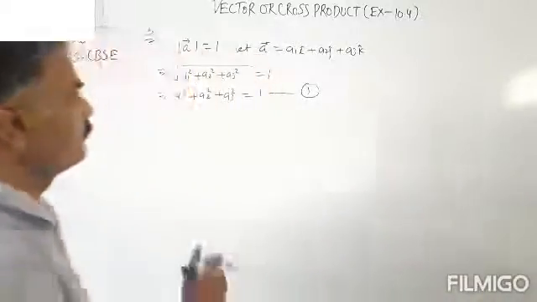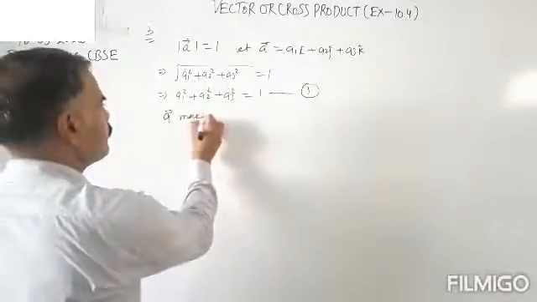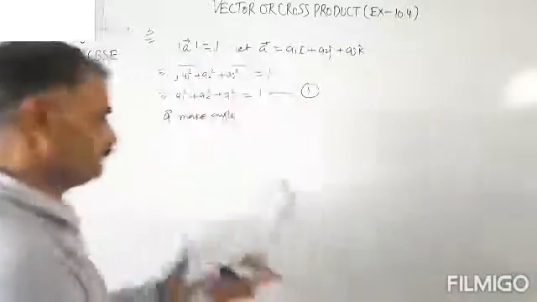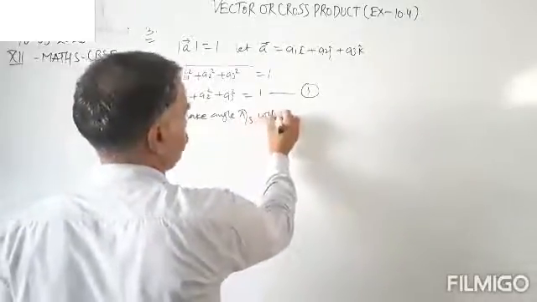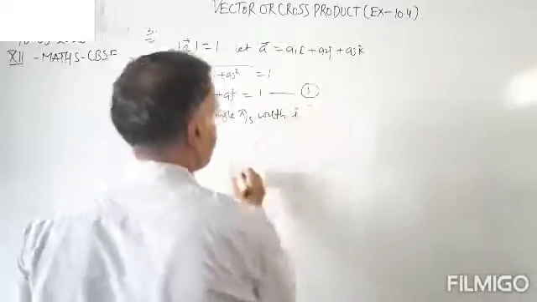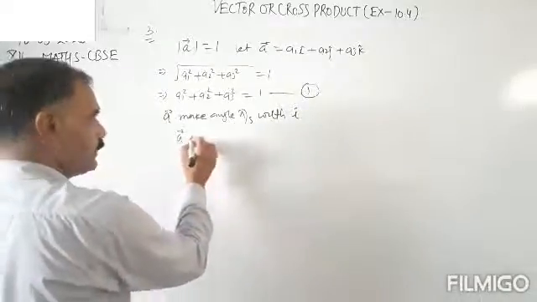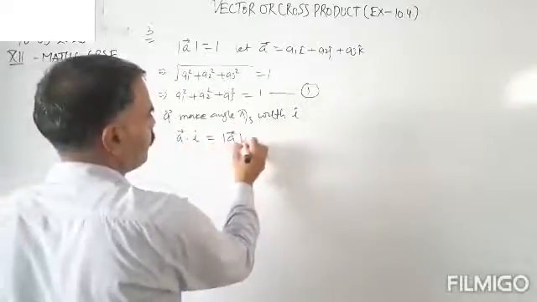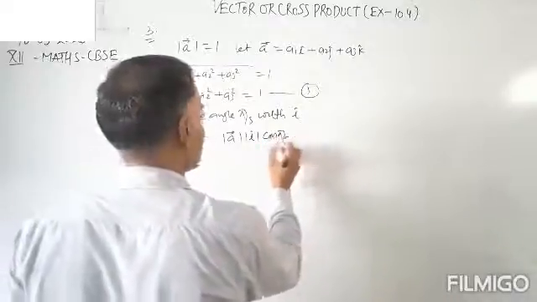Now it is given that a vector makes angle pi by 3 with i cap. So a vector dot i cap equals the magnitude of a vector times the magnitude of i cap times cos pi by 3.